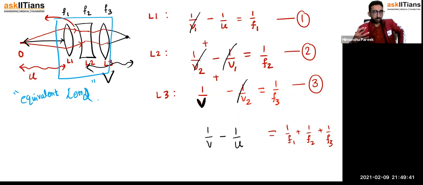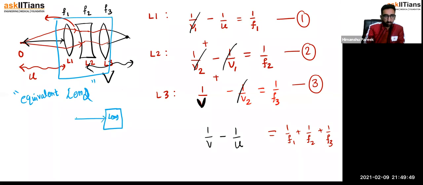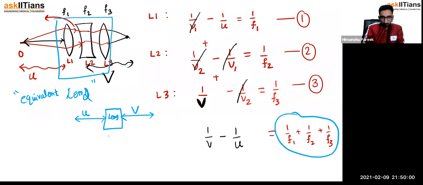And that equivalent lens, let me just write it here. This is that equivalent lens. For this equivalent lens, the object is kept at this location, the image formed by this equivalent lens is V, and the focal length is this. So that's 1 by F equivalent.